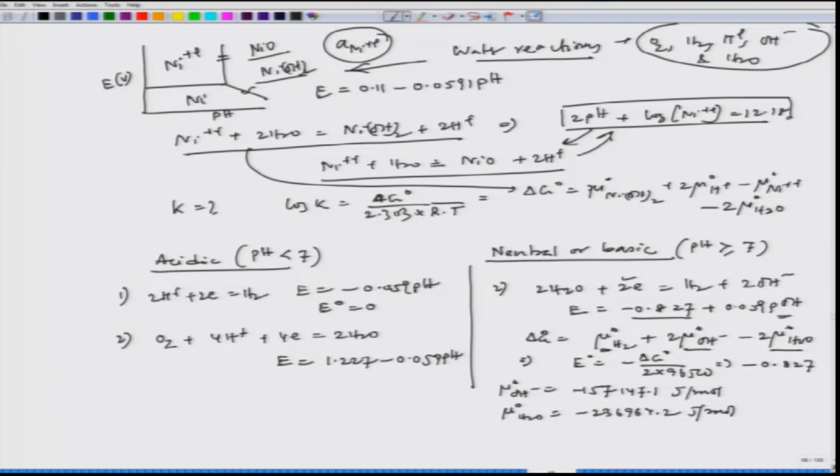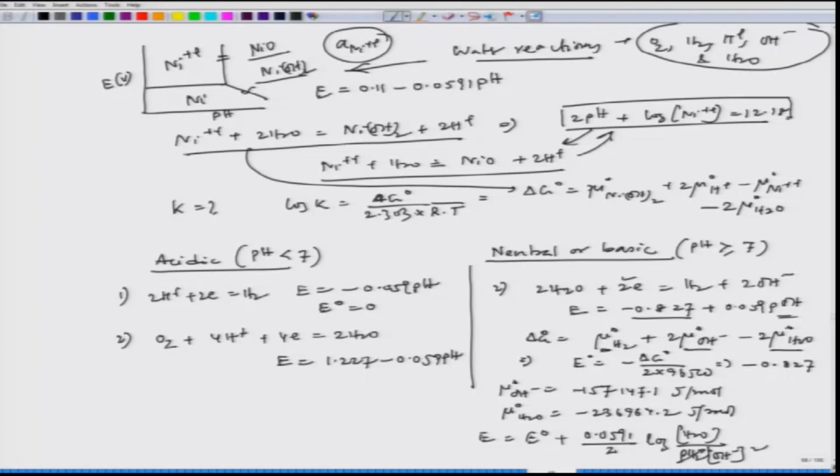Now, interestingly here it is pOH, because E equals E0 plus 0.0591 by 2 log of the activity of H2O, if we put it in concentration terms, PH2 and OH minus whole squared.